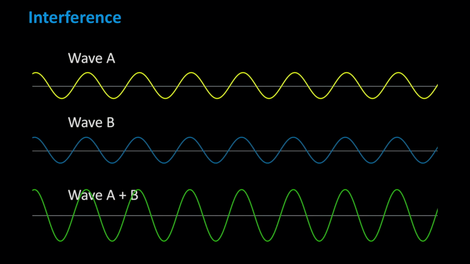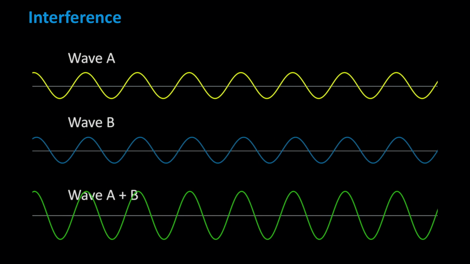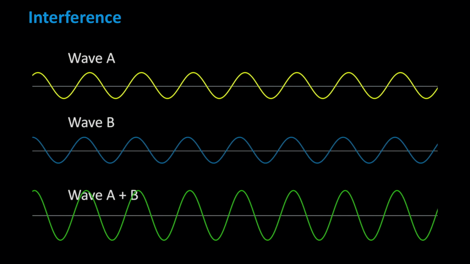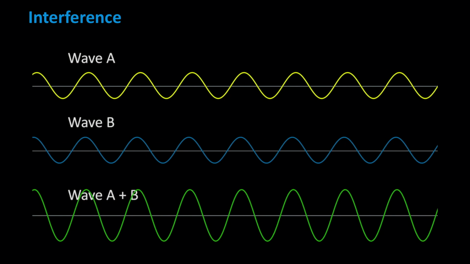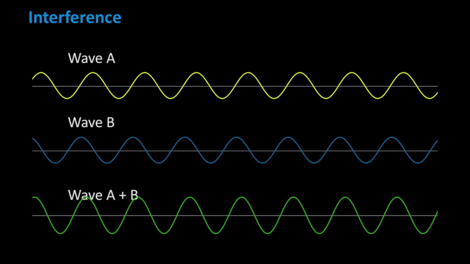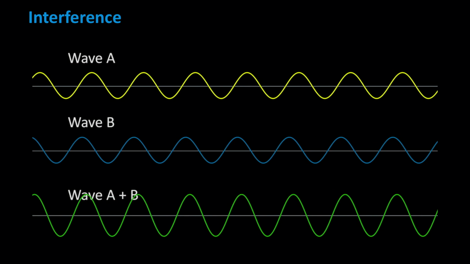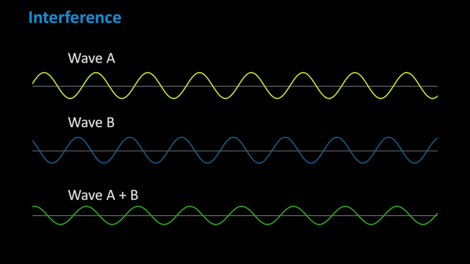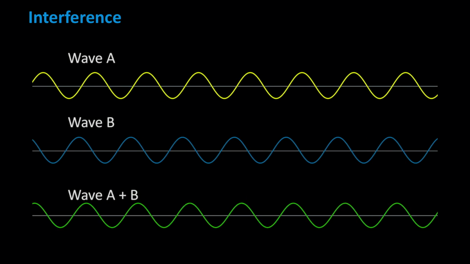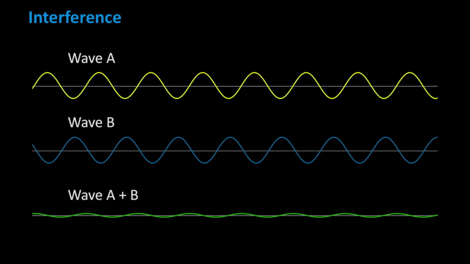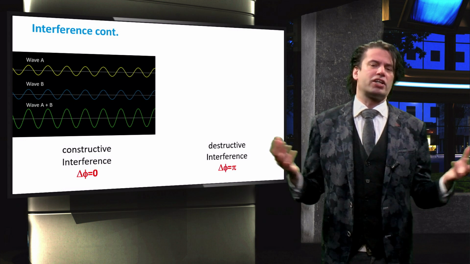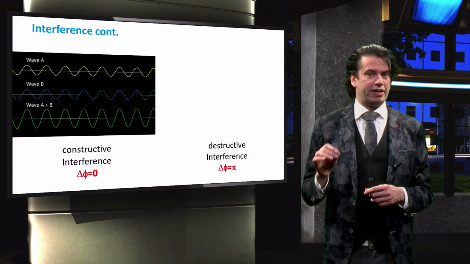This figure shows two superimposed waves moving in opposite directions. The resulting wave is depicted by the green line. We can see that the amplitude of the superimposed wave is sometimes greater than and sometimes smaller than that of a single wave. When the peaks of two waves are perfectly aligned, they are said to be in phase.